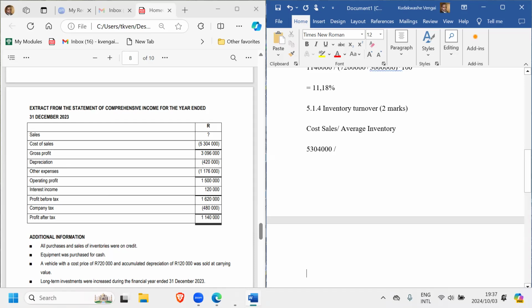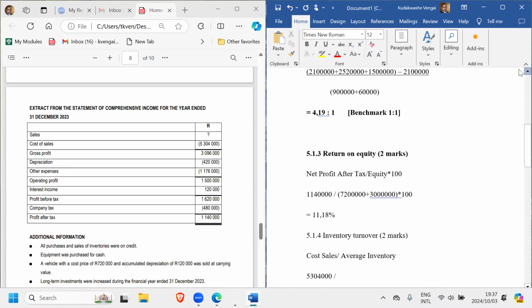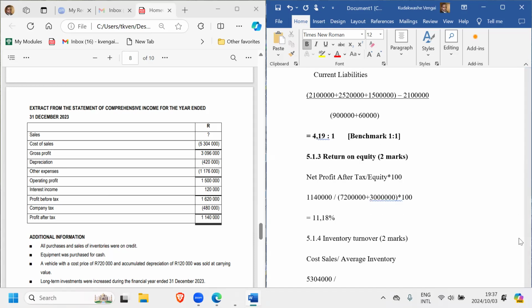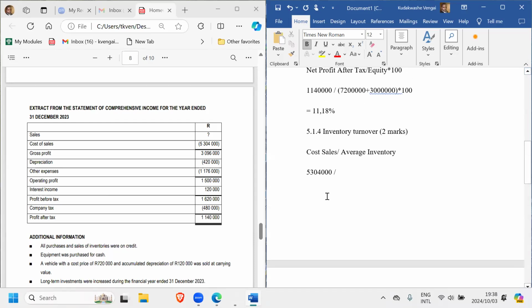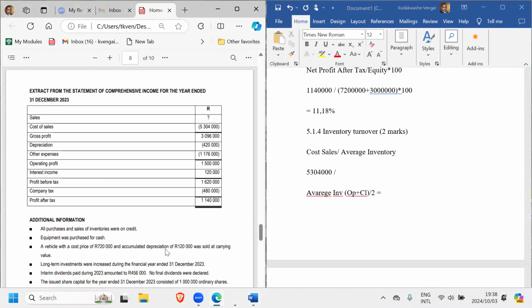So how do you do a calculation for average inventory? Just give me a second. So average inventory is equal to opening inventory plus closing inventory divided by 2. That's what average inventory is. So if we check over here, what are we told?